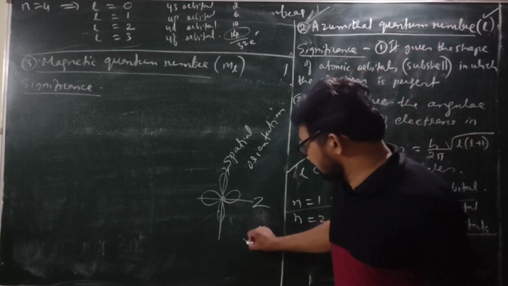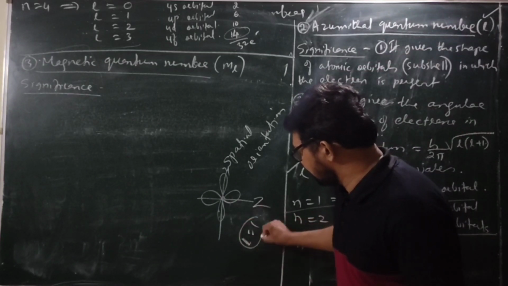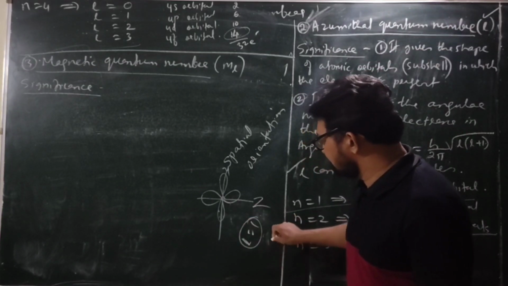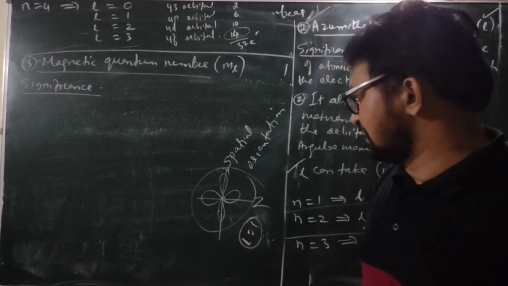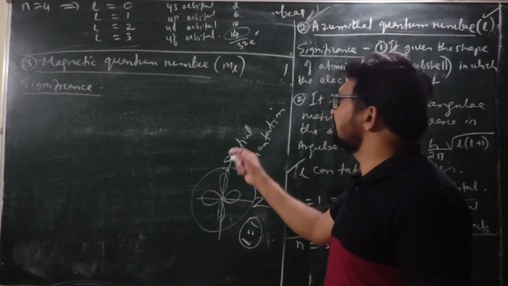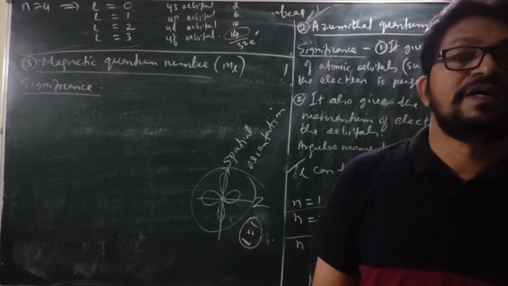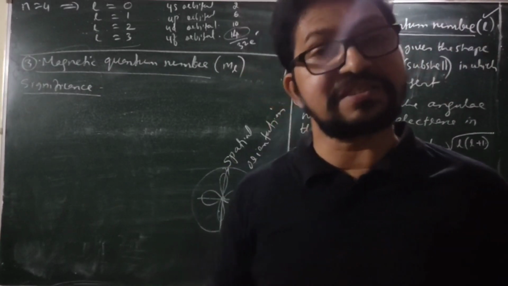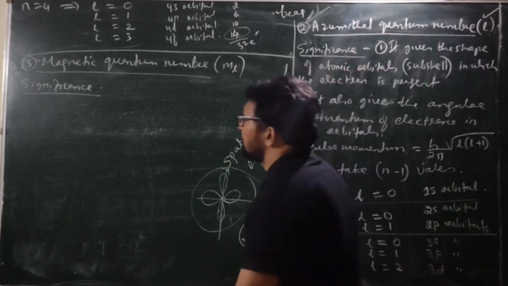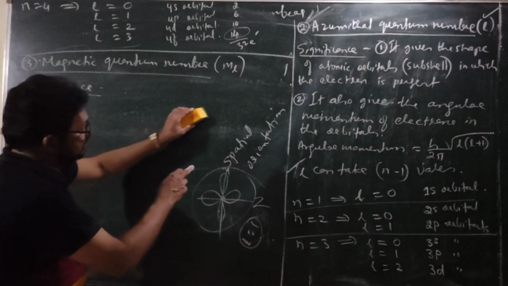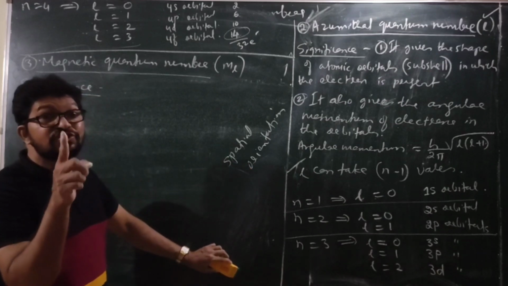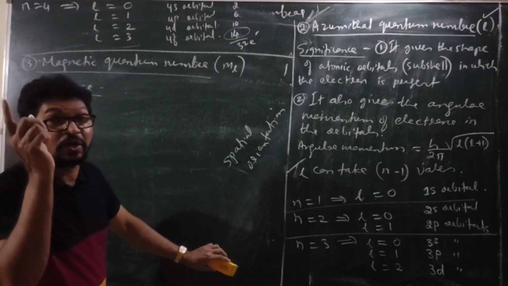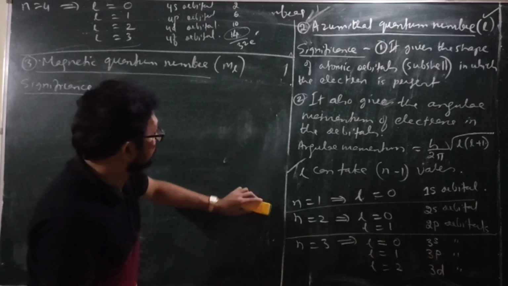Suppose I have been given l equal to 1, that is the p orbital. 6 electrons I have to search. But if I am given the further ml value, I can make it much simpler. That is why, what is the significance? This I should write: spatial orientation of the orbitals.